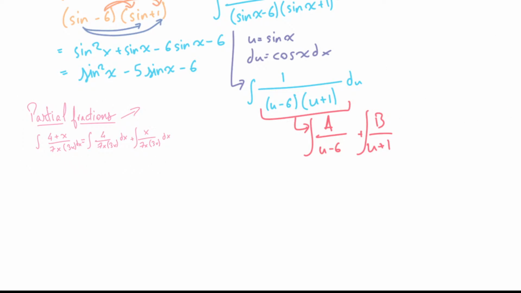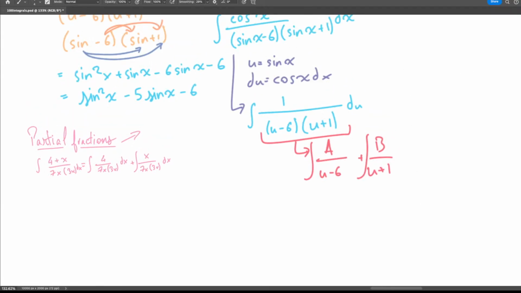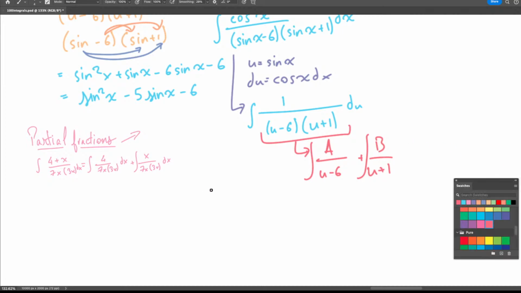Now, what can we do next? That's a great question. And now we will be answering that question. So what we want is 1 over u minus 6 times u plus 1 should equal a over u minus 6 plus b over u plus 1.